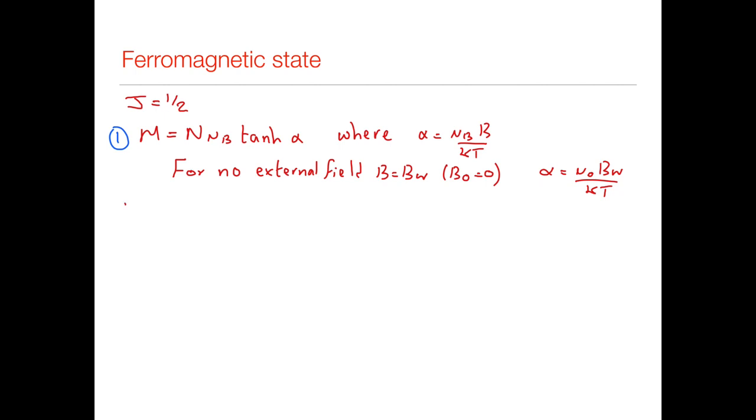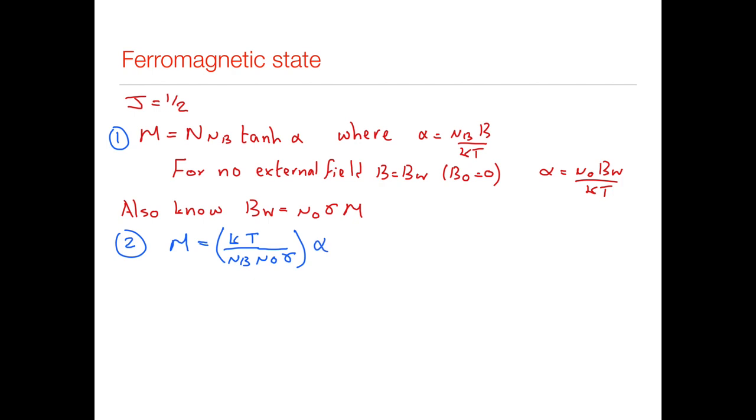But we also know that the Weiss field is equal to mu naught, this constant gamma, times the magnetization. So if we take together this equation and this equation, we will get what I'm going to call equation 2, which is that M is equal to Boltzmann constant times temperature over mu B, mu naught, and the constant gamma, all times alpha. So that's my equation 1 and my equation 2.